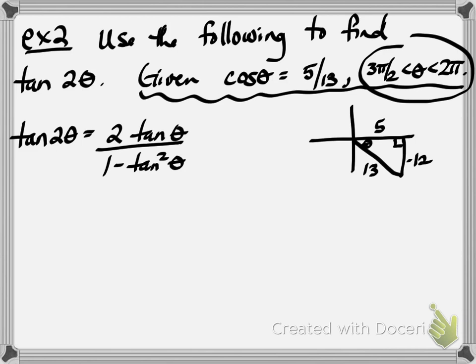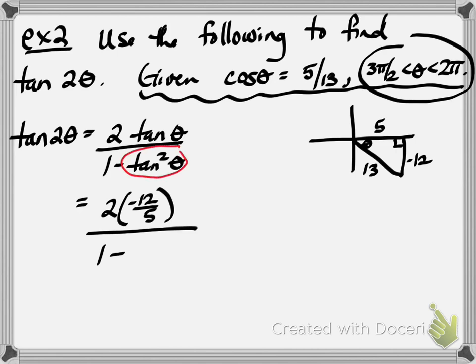Alright, so now all we do is fill out our formula. It's 2 times tangent of theta, which would be opposite over adjacent, over 1 minus, and let me remember that this is the same thing as this squared. So I'm going to use that tangent of theta, that negative 12 fifths, and square it.